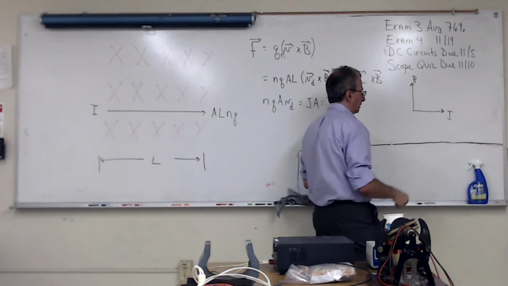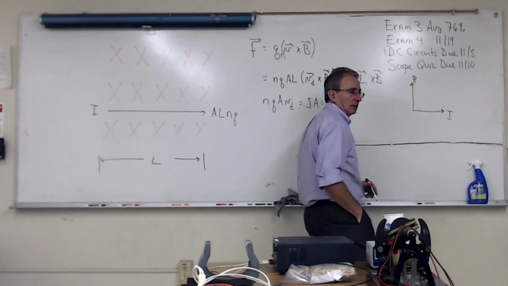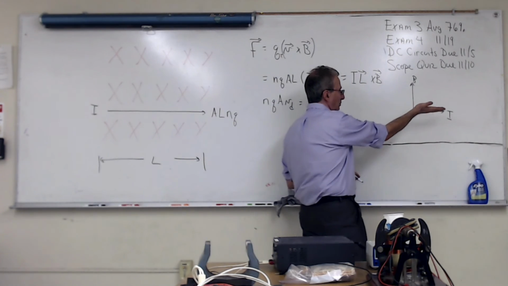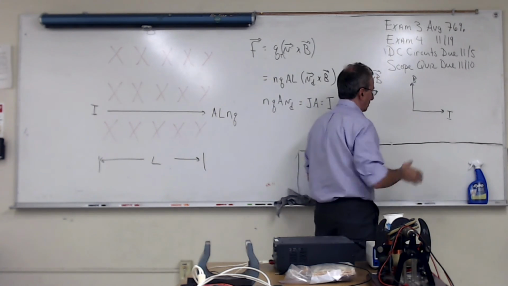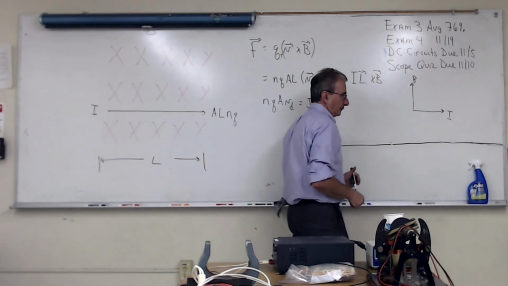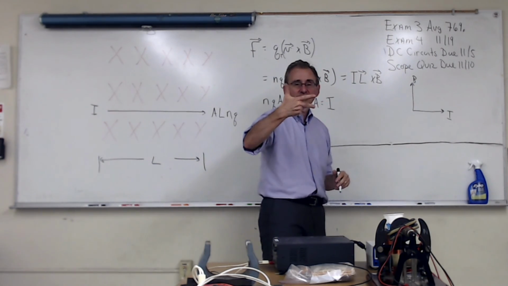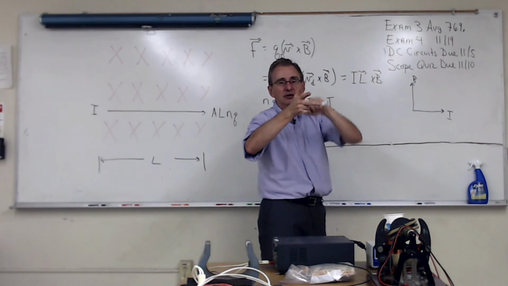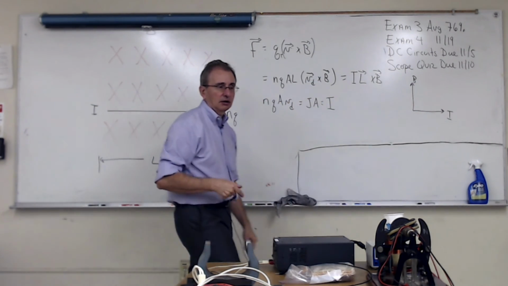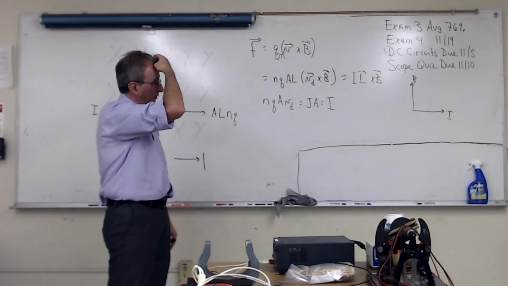Your thumb points that way. Forces out of the board. So in this particular case, your thumb cannot point towards the magnetic field, okay, but it points upward. Or if you use these fingers, this is the direction of I, this is the direction of B, and then this is the direction of the force. Okay? You can do that too.